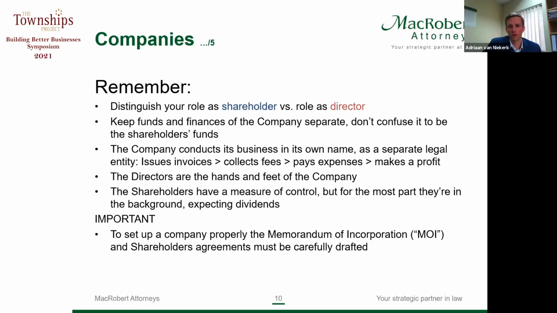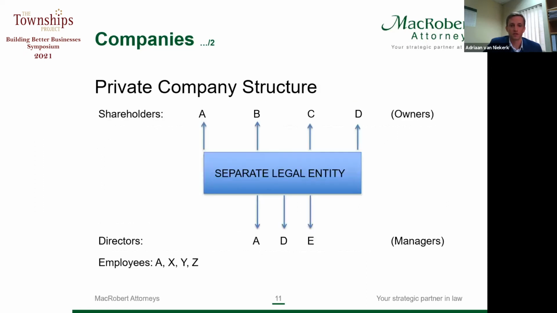If those documents are not in place, you do not understand exactly the terms of your relationship, and should you run into a dispute, you won't have a way of resolving or dealing with that. Now, in my next session, a little bit later, we're going to look at agreements, and I'll indicate to you why it's so important to have proper agreements in place. What I want to stress here is that the moment you start bringing in further shareholders is when you need to make sure that you have a shareholders agreement in place. That's just to remind you.